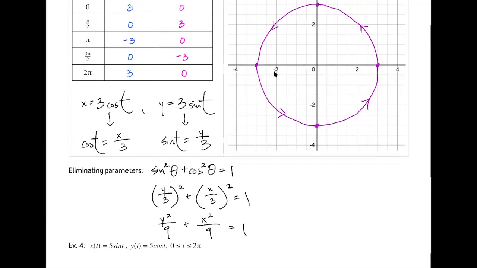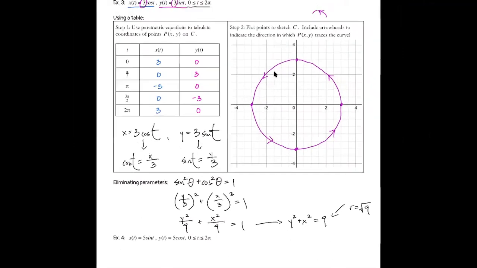If we look at that, that is the special case of the ellipse, where from the center we go 3 out horizontally and 3 out vertically. That gives us a circle. But some of us might recognize the circle equation more if we write it like y squared plus x squared equals 9. And then we know that the radius is the square root of 9, or 3, okay?